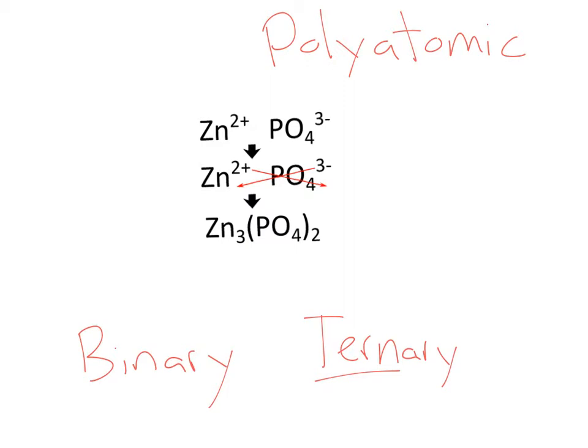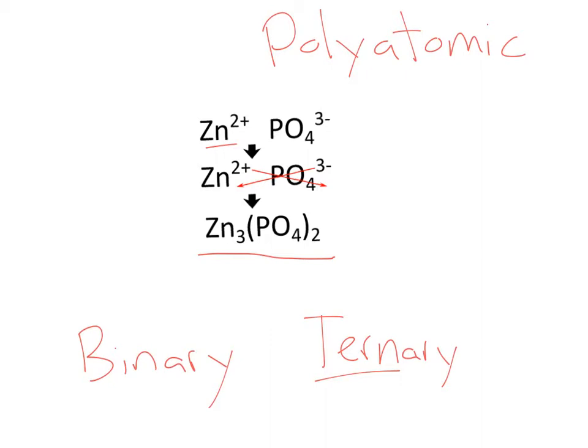So just look at this graphic here. We're going to do the same thing. Here you've got zinc with a +2 charge, and phosphate, which I know the name of from my periodic table chart, with a -3 charge. I'm just going to get rid of those charges. I'm going to swap and drop, which is going to leave me here with zinc phosphate, because the 3 from the phosphate went down here and the 2 from the zinc went down here.